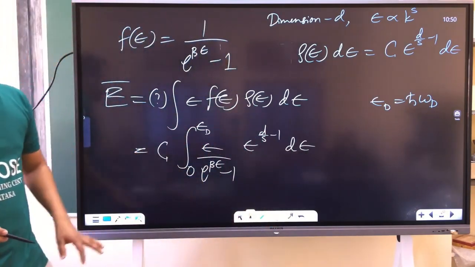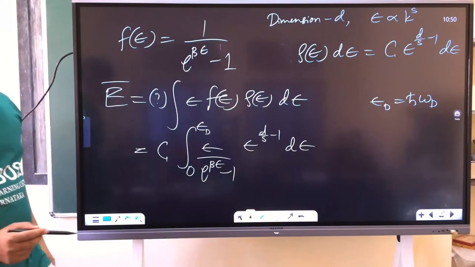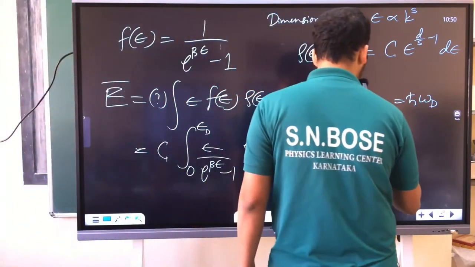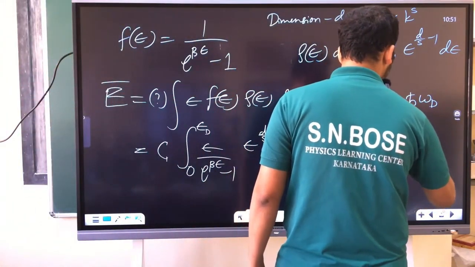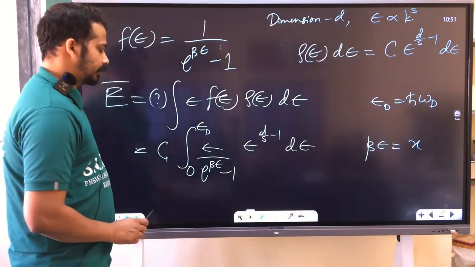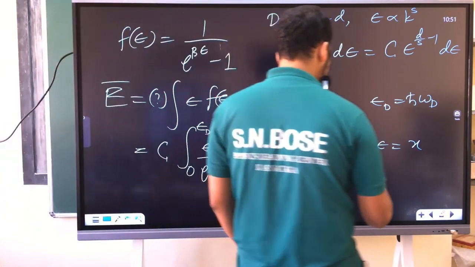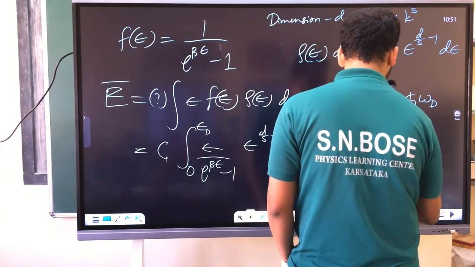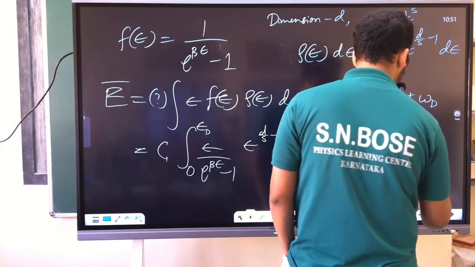Now what is the next step? How do you get the temperature term outside? You put βE = x. Then βE_D = x_D.